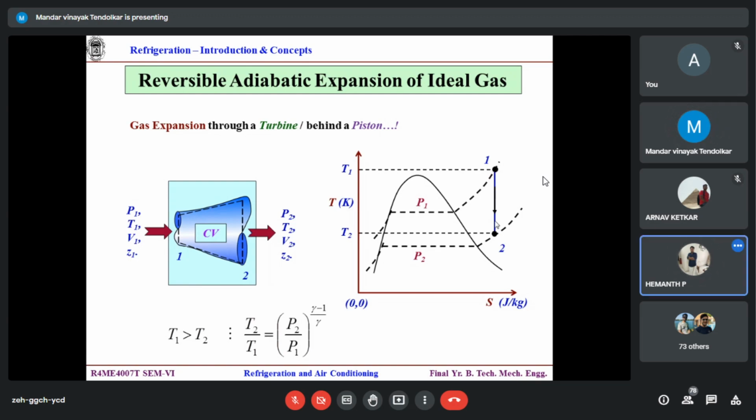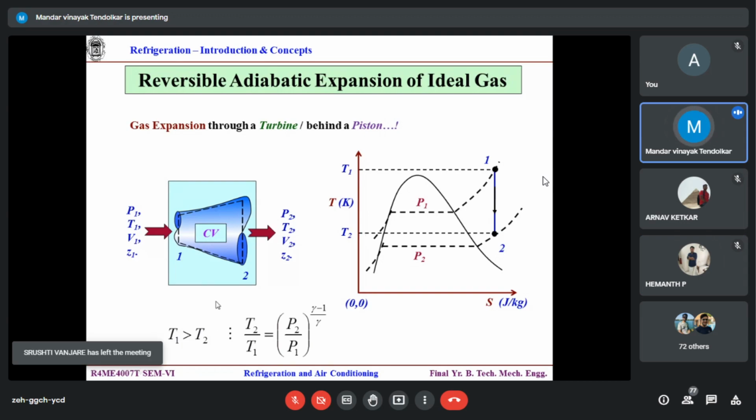If you maintain it adiabatic, then at the end of the expansion process this will be at a much lower temperature. T2 is much lower. So it is free to absorb the heat from the space through which it passes. So the space through which it passes will observe the cooling effect, and the expanded air will come back to the original condition, room temperature.